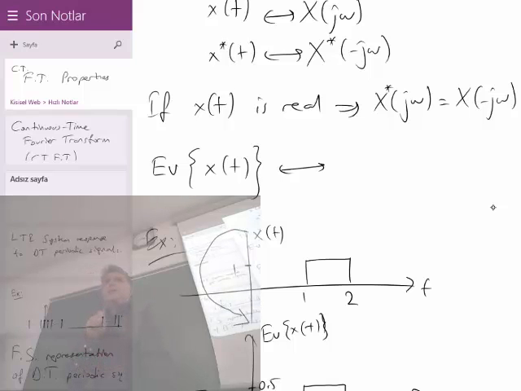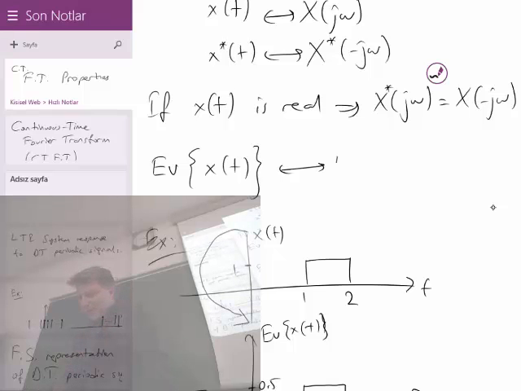Do you remember the Fourier series coefficients or the Fourier transform of cosine? What were they? 1 over 2 and 1 over 2, which are real and symmetric. For all symmetric and real signals, their Fourier transforms are always real and symmetric.